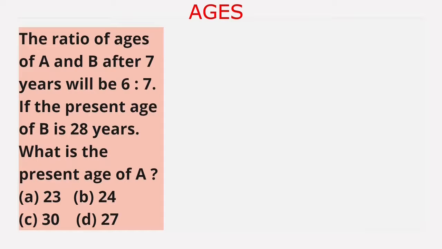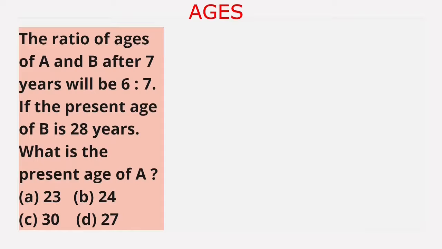If we add 7 to option A, it becomes 30. 23 plus 7 is 30, and that is divisible by 6. So our option A might be our answer. If we add 7 to 24, we get 31, which is not divisible by 6.